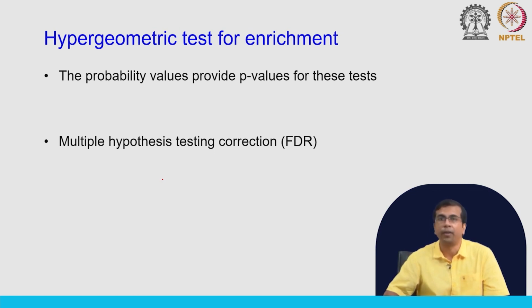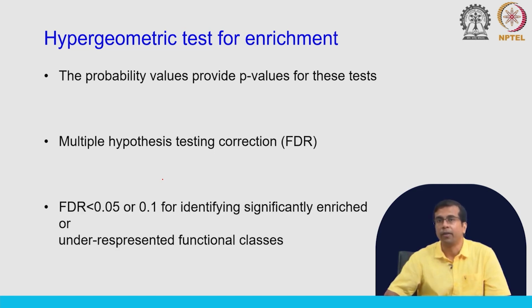So, we have to do the multiple hypothesis testing correction we just talked about, and usually we use FDR correction. We can tolerate certain false positives, maybe 5-10%, so it is okay. Again, we set this FDR less than 0.05 or 0.1 for identifying significantly enriched or underrepresented functional classes in the list of differentially expressed genes.